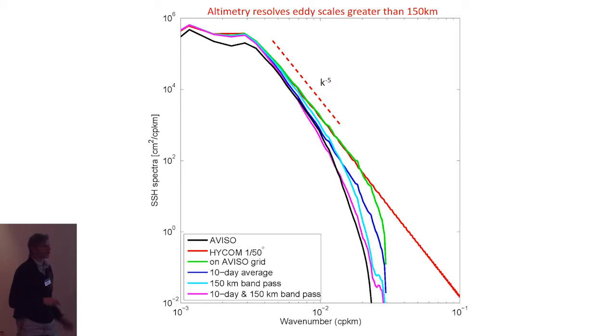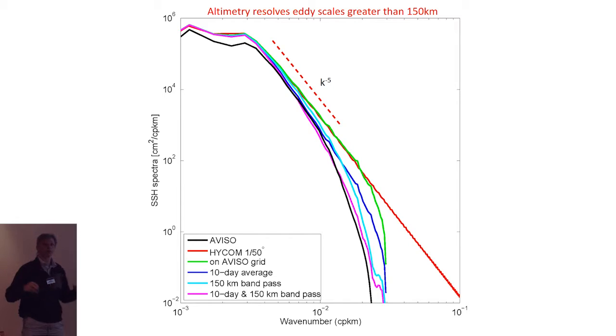If we simply project onto the 1/4 degree grid of the Aviso product, shown in green, you see the cutoff, instead of being much smaller in the 1/50th, now sits here at the 1/4 degree grid. If you add a 10-day average, you start to lose some of the energy at this scale.